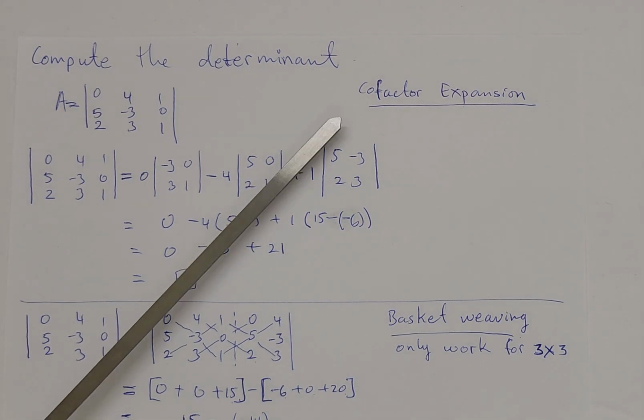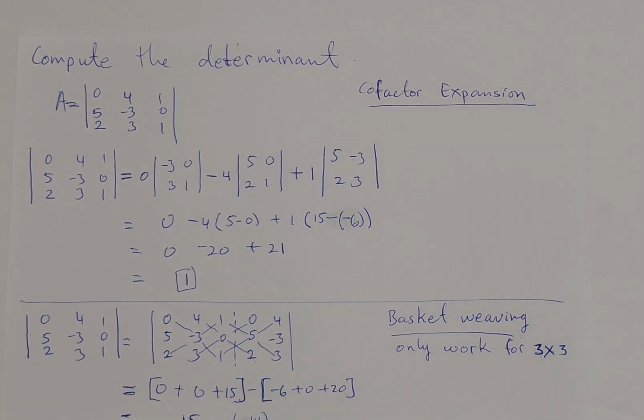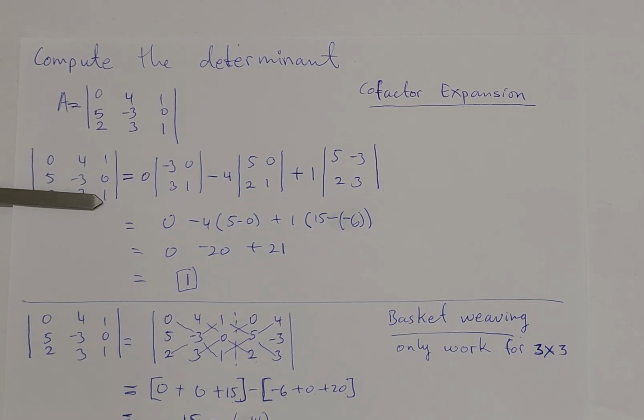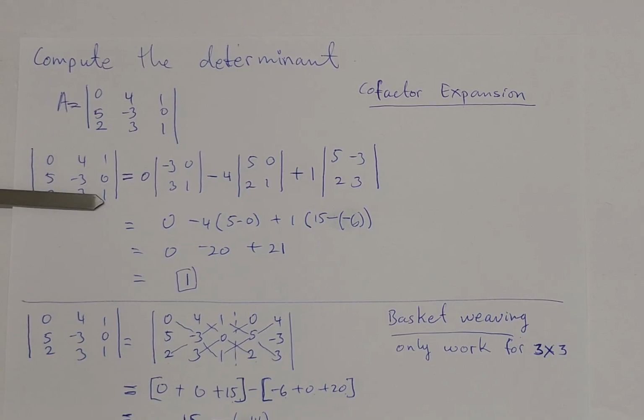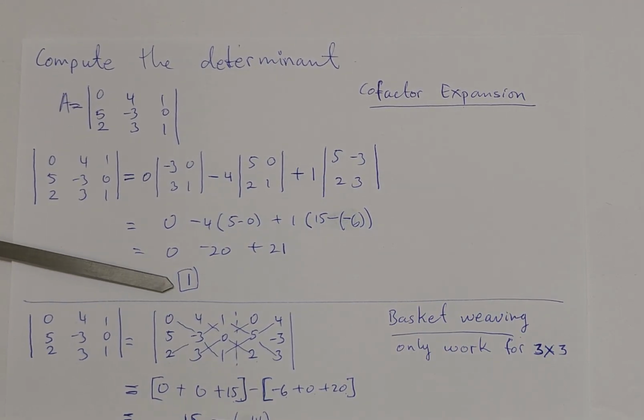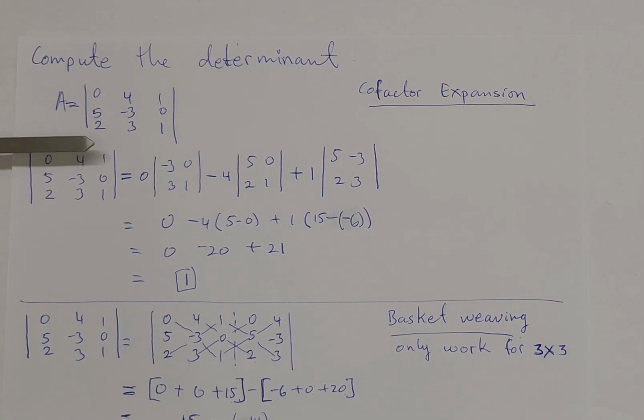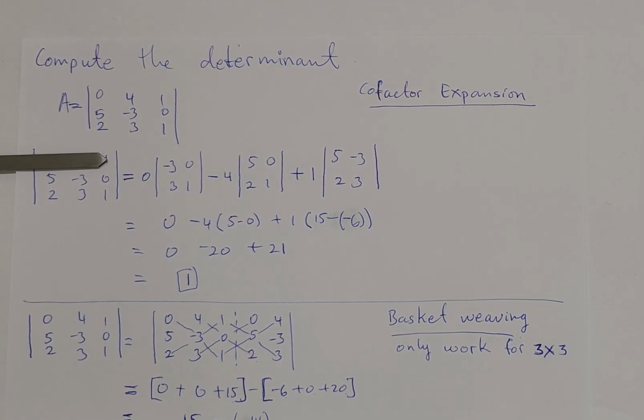Okay, so that is cofactor expansion. Again, you can use any row to start. You don't have to start with row 1. You can use row 2, you can use row 3. It will still come out the same solution. I just used row 1 so that you can see what cofactor expansion is.